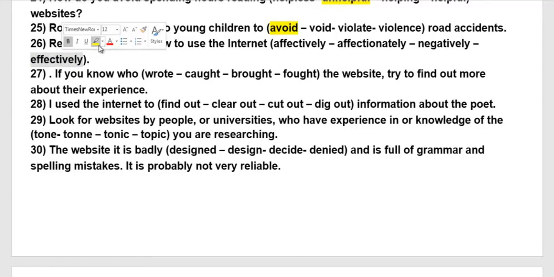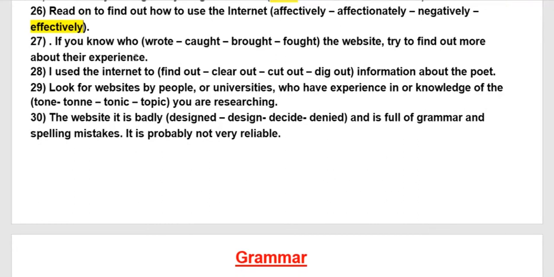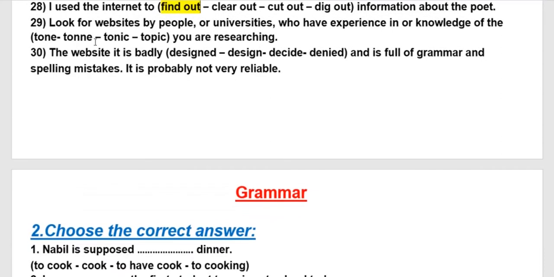Read on to find out how to use the internet efficiently, or effectively, in an effective way. If you know who wrote the website, try to find out more about their experience. Of course, this is advice you must follow when you are asked to do a research. 28. I used the internet to find out, to discover, to know more about. 29.